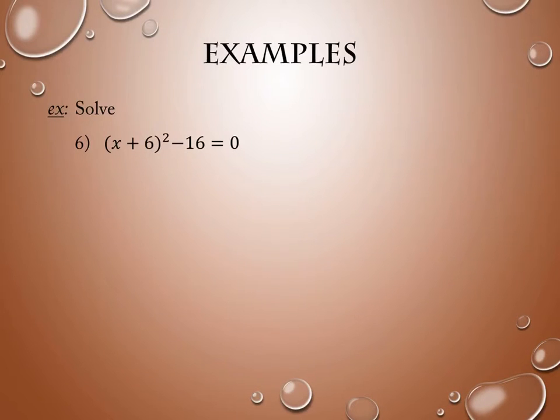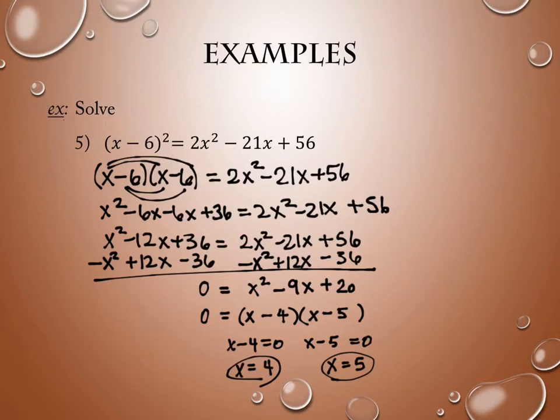There's a couple of ways we could do number 6. On number 6, we could distribute it out like I did in the last problem. We could do that. Wouldn't hurt anything at all. Absolutely be just fine. However, on this one, there is a simpler way to do the problem. Over here we had the issue that the other pieces that were not in factored form had some variables in them, right?